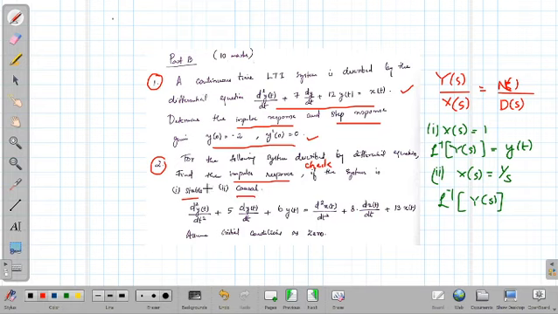So what you need to do is take the Laplace transform of this differential equation and obtain the expression of Y(s)/X(s). Here also it is given to assume initial conditions as 0, so you can take the initial conditions as 0 and obtain the transfer function.